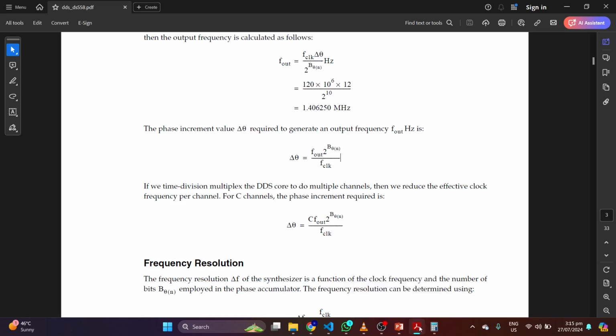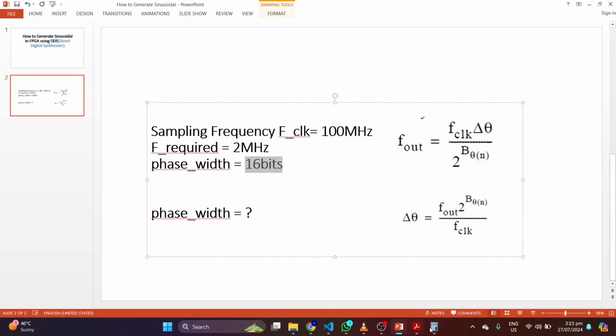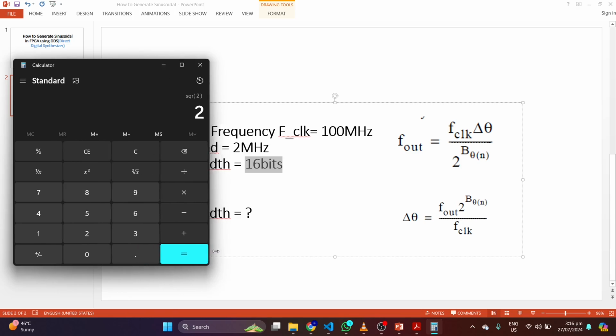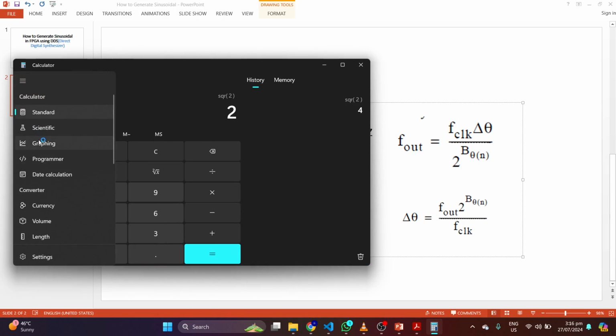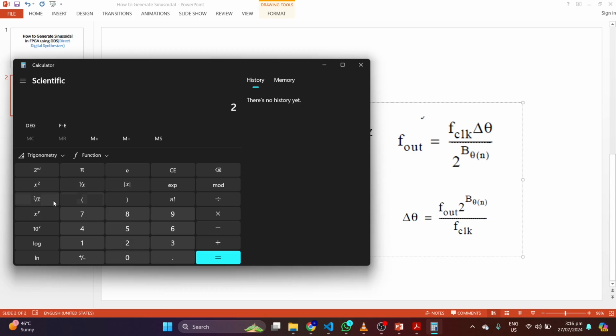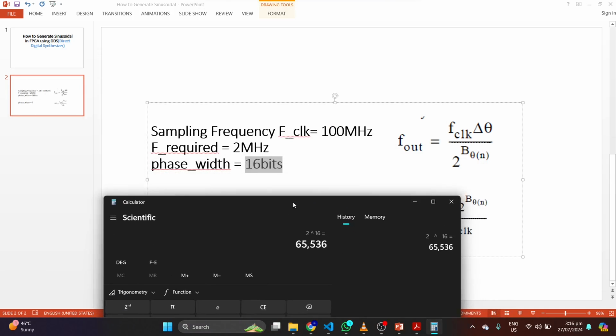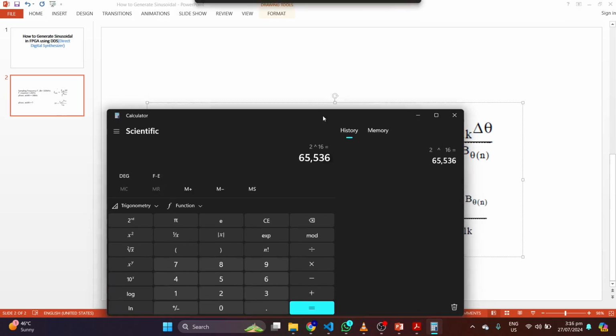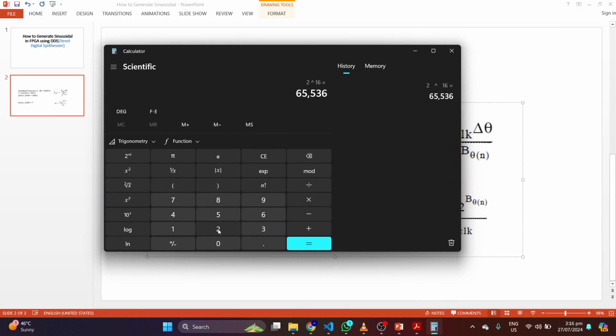So if we put these values in this formula, our phase width is 2 raised to the power 16, this value, and the f out frequency required is 2 mega.